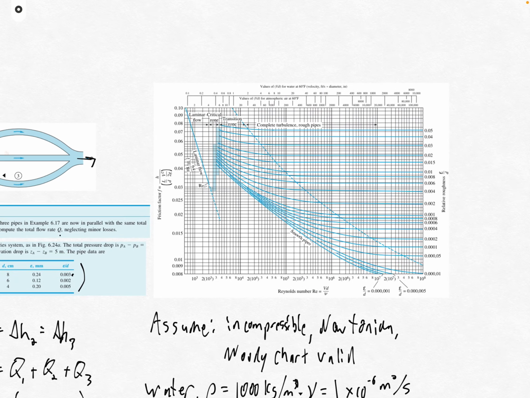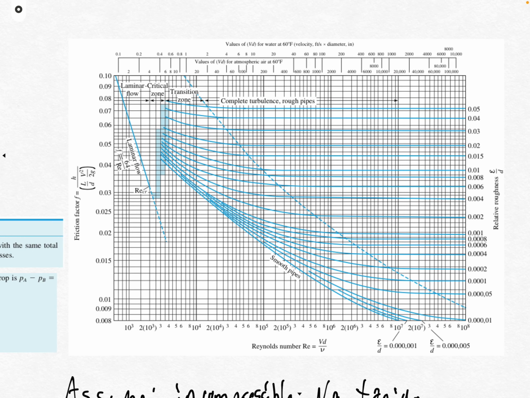And so coming over to our Moody chart for a roughness ratio of 0.003, that puts us right about here, and that is going to correspond to a value right around 0.026. So we're going to be right around this line here.